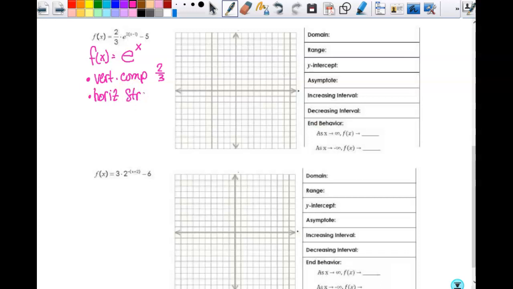Oh no, I don't. I have a horizontal compression by 1/2. And I'm going to move to the right 1 and down 5. So my asymptote is going to be at -5.